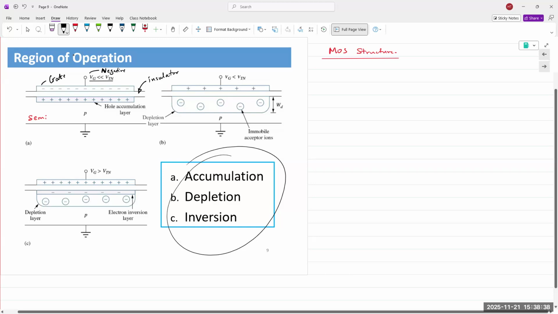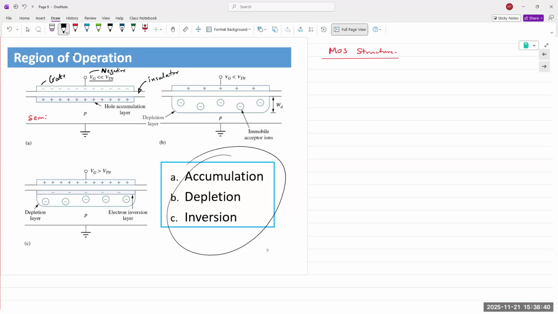Opposite charges attract, like charges repel. Fundamentals. So if you apply a negative voltage at the gate, holes are attracted, electrons are repelled, and it builds a layer of holes or positive charges right underneath the gate structure.